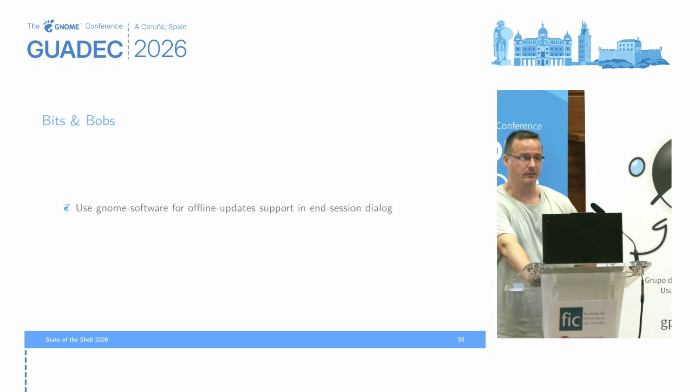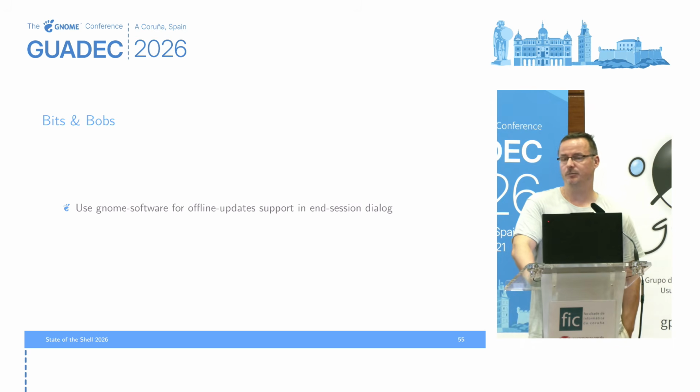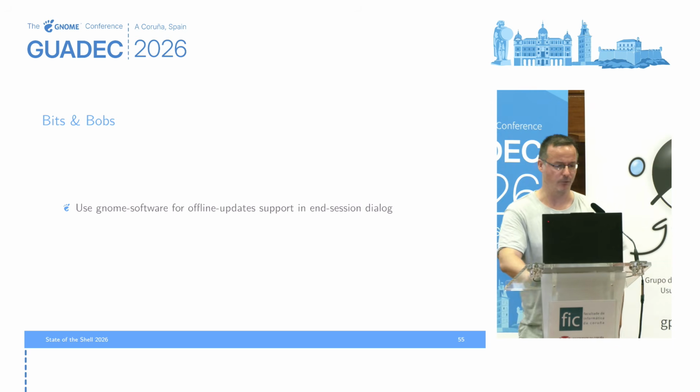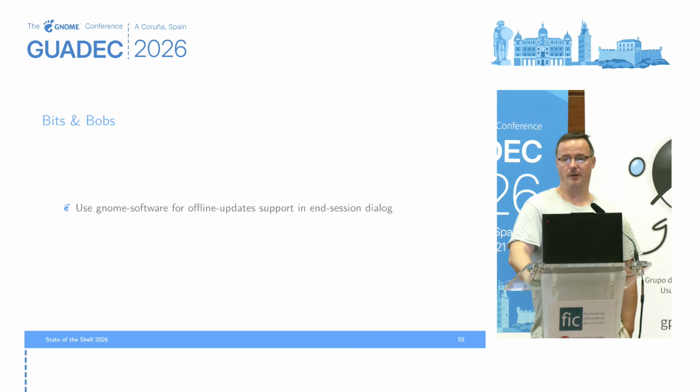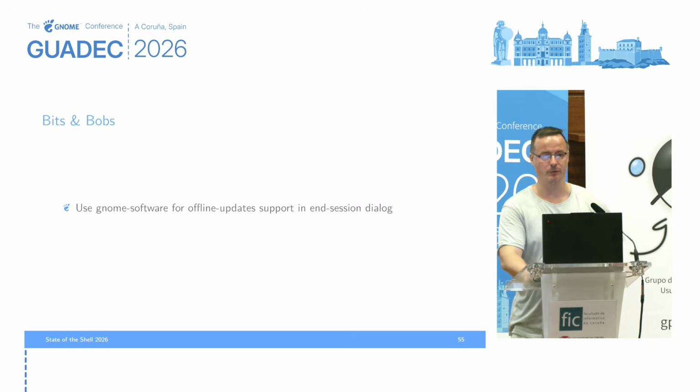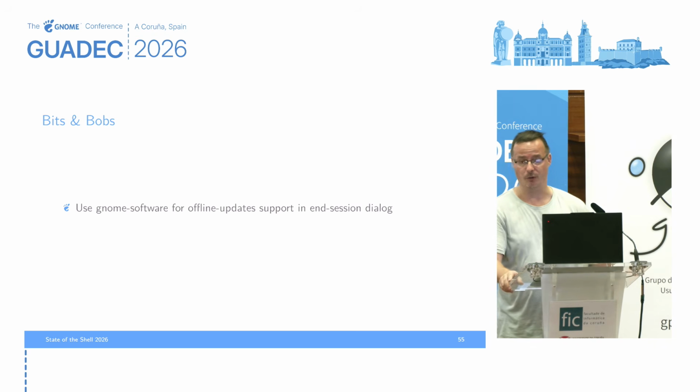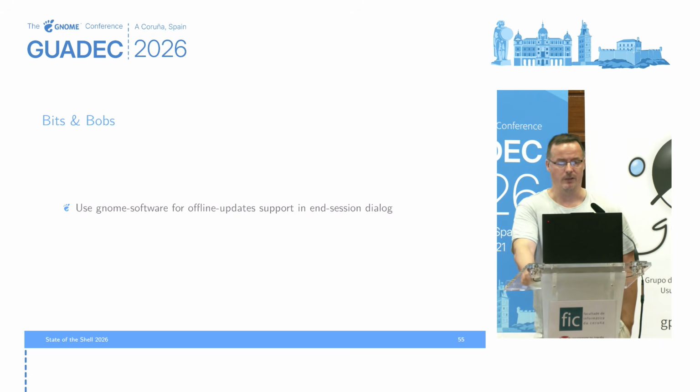Some bits that probably aren't headline features, but are nonetheless worth mentioning. Offline updates, when you log out or shut down the computer and updates are available, we offer to install them. That used to be implemented directly through PackageKit. Now it's done by a private GNOME Software API.